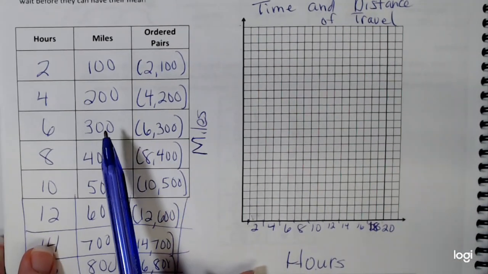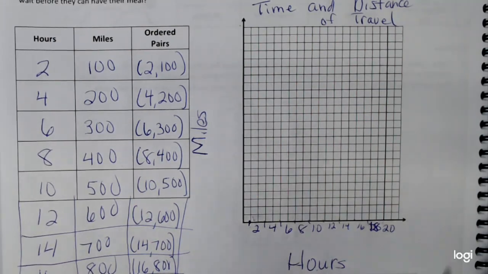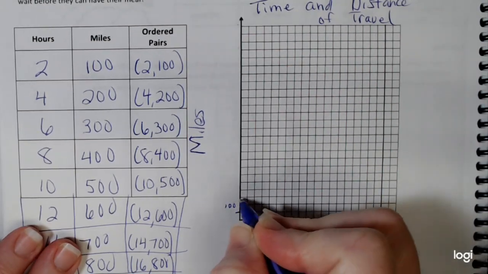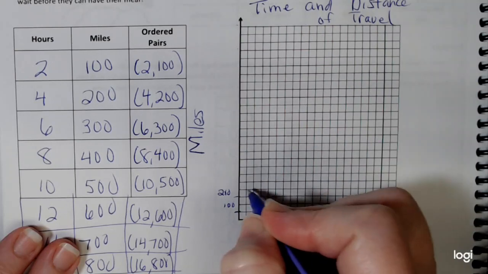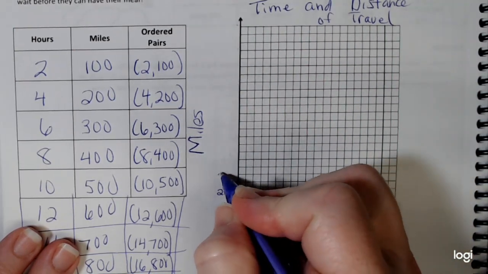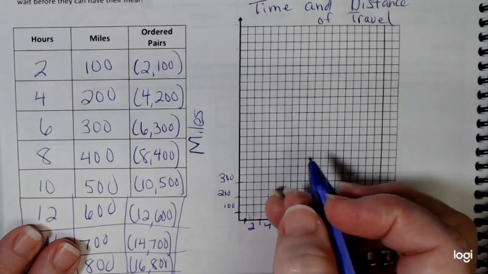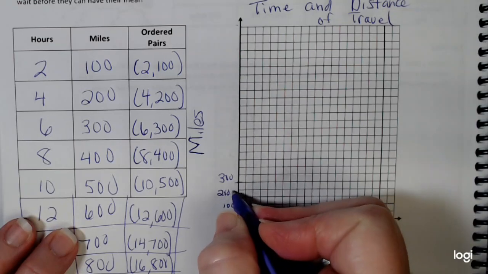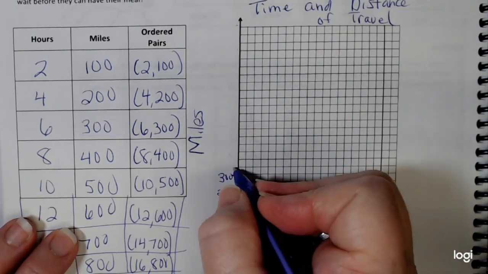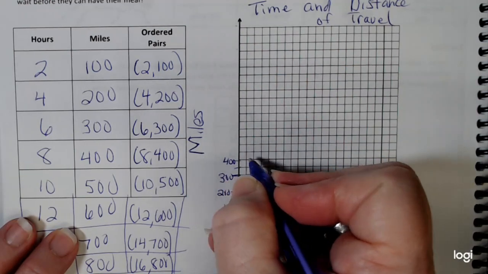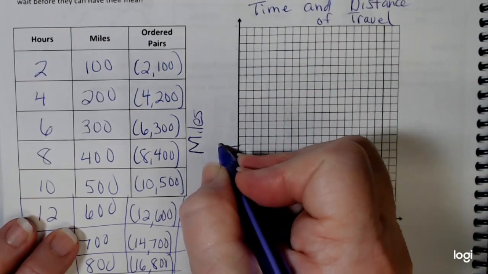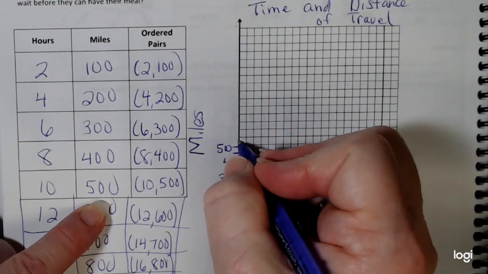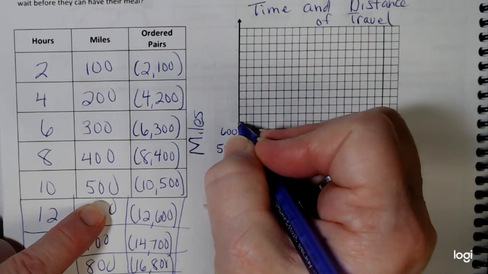Now we're going to do our miles. And our miles, we're counting by hundreds. I'm probably going to skip as well, so I would skip here and do 100, 200, skip, 300, 400, 500, 600.